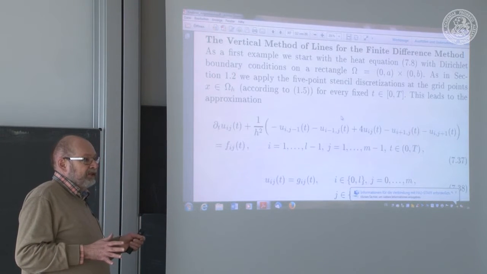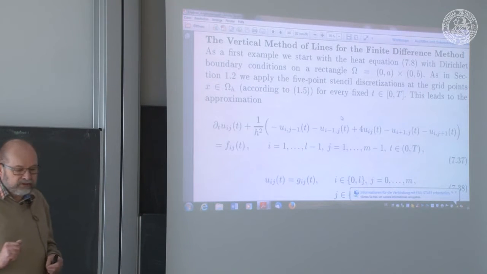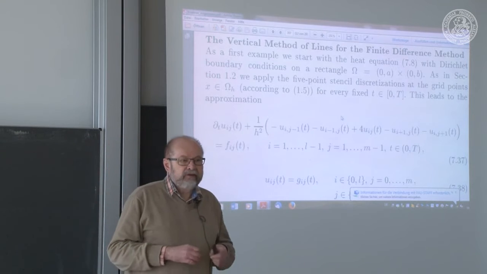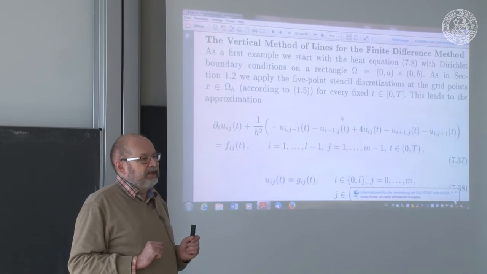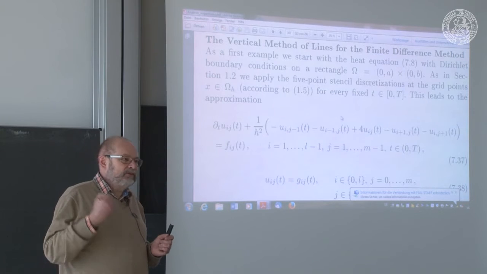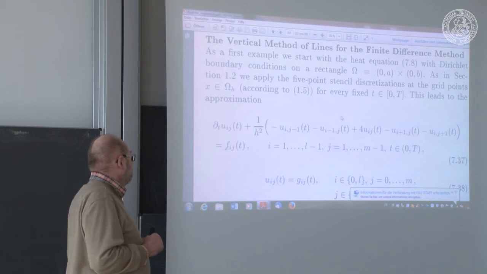Because in both cases, and in principle in more or less all the cases, one treats the time derivative by finite differences. We have a very simple domain for the time in terms of an interval, compared to the, in general, very complicated spatial domain.